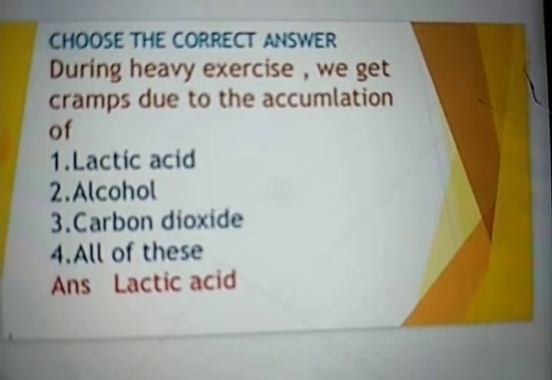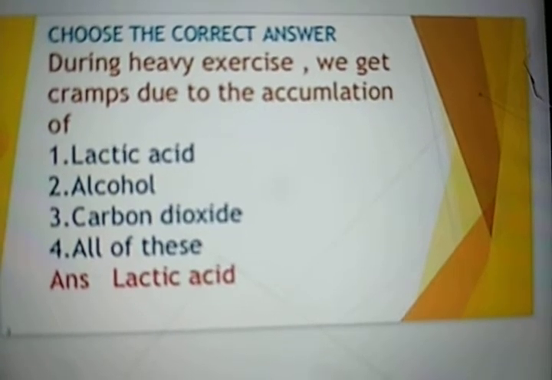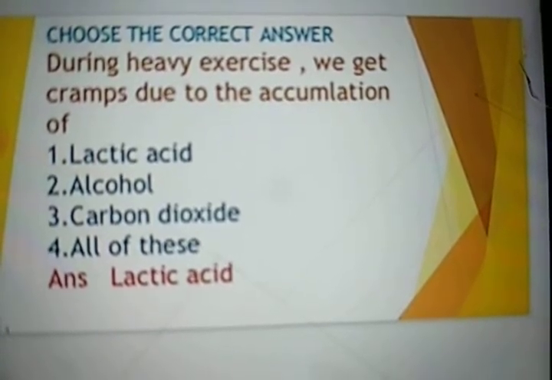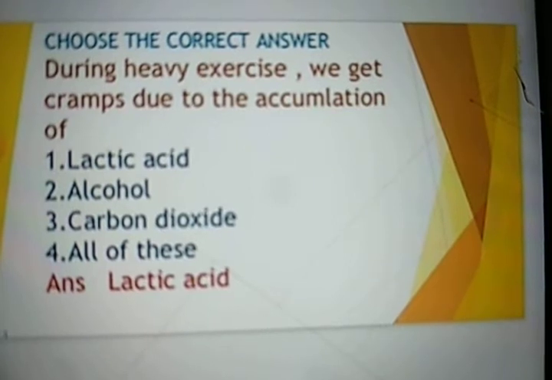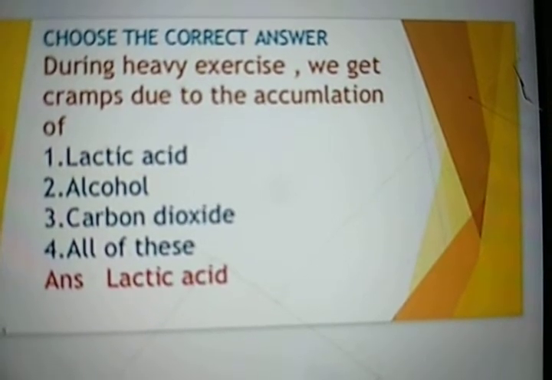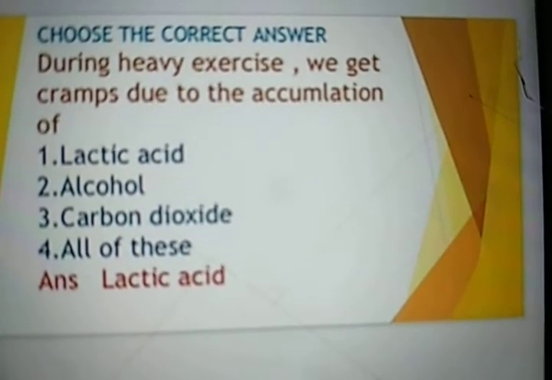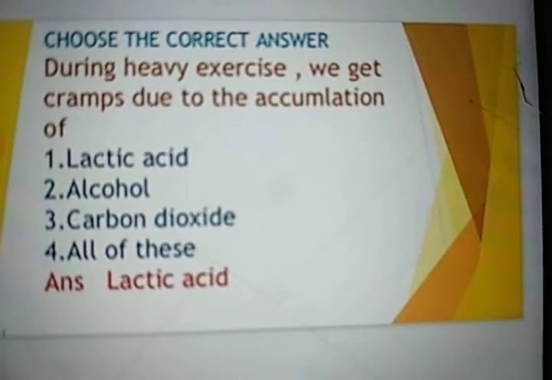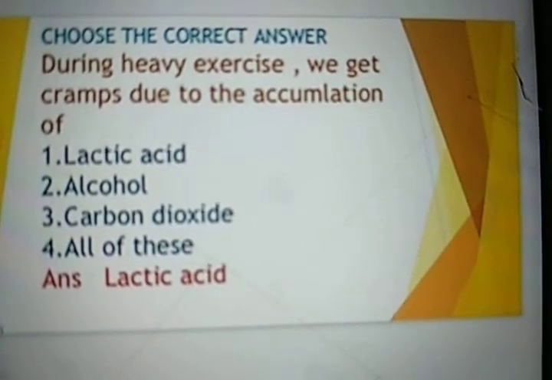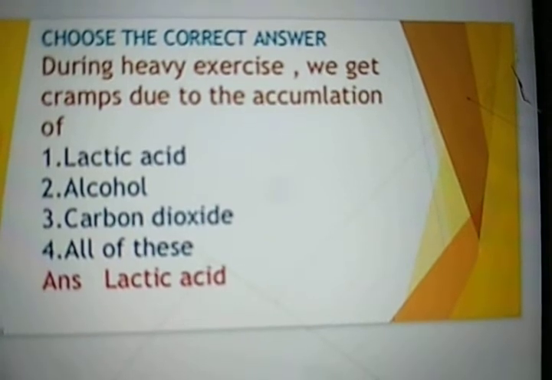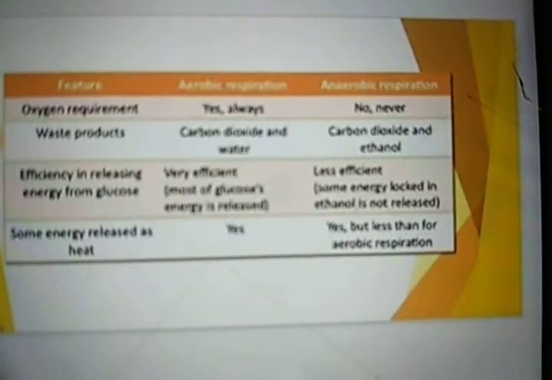In such a situation, anaerobic respiration takes place. But here, instead of alcohol, lactic acid is produced along with carbon dioxide, which gets accumulated in the muscles and we get cramps. This is what happens at the time of heavy exercise.